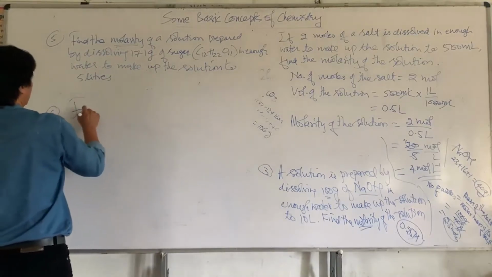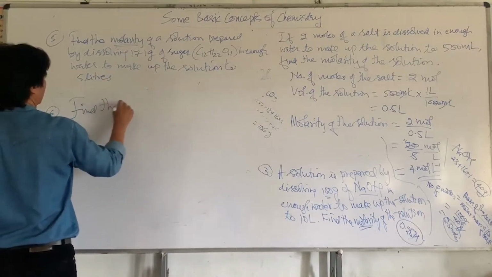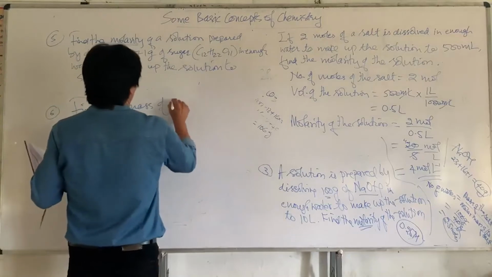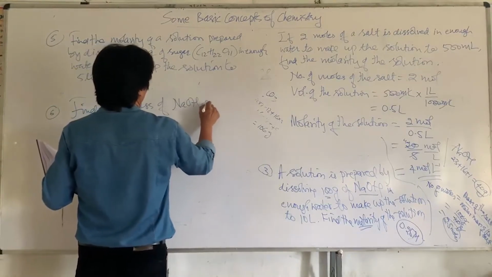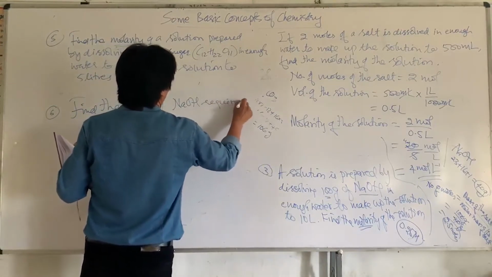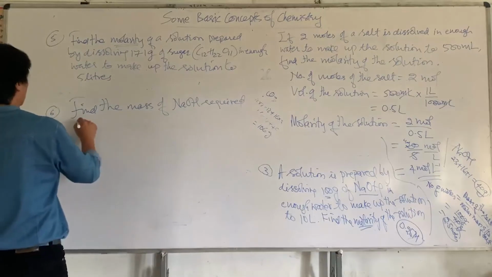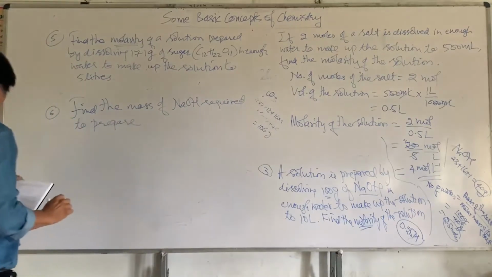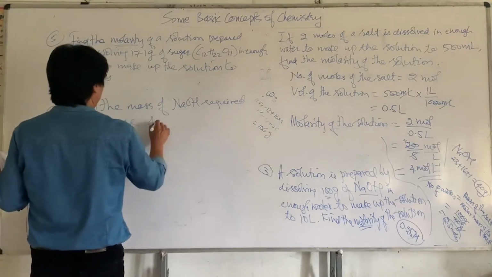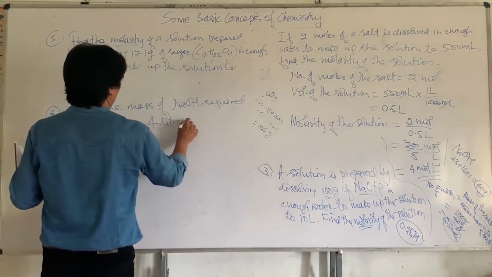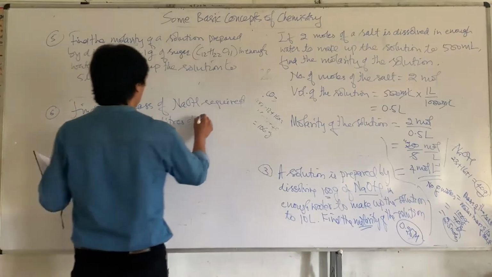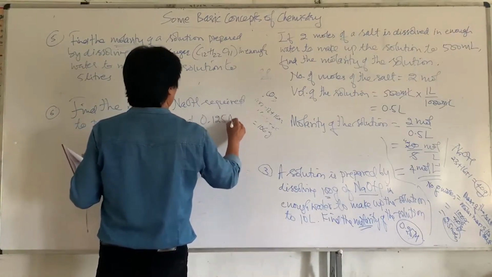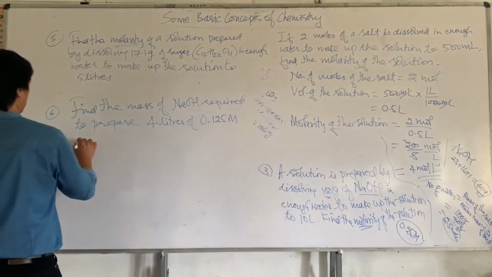It says find the mass of sodium hydroxide required to prepare, it is say 4 liters of 0.125 molar NaOH solution, right?